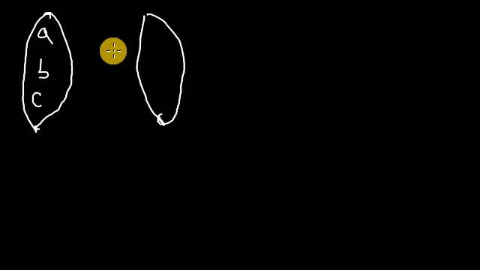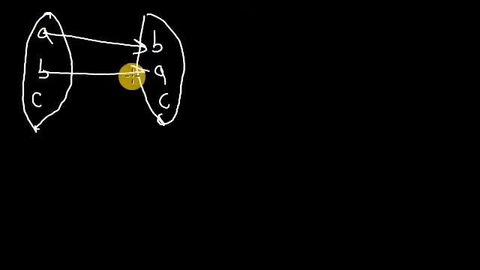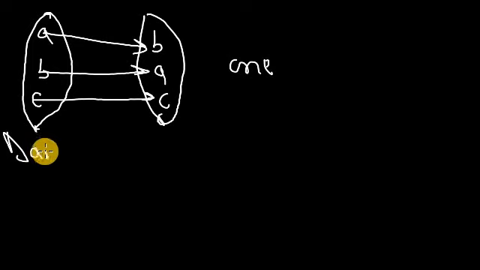as an arrow diagram, my bad, don't mind my diagram. I have A, B, C, and I have B, A, C. So if A is mapped to B, and B is mapped to A, and C is mapped to C, then this is a one-to-one mapping. Every element in the domain is mapped to different elements in the codomain.